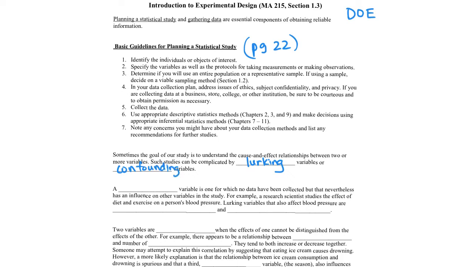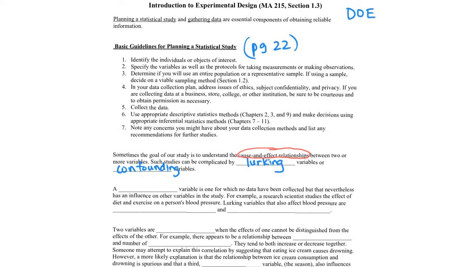And we'll find out that this cause and effect relationship is extremely difficult to prove or to lock down so that you are very confident that there is a cause and effect and not just a correlation. So not an easy thing to show. A lot of times it's because of these lurking or confounding variables.